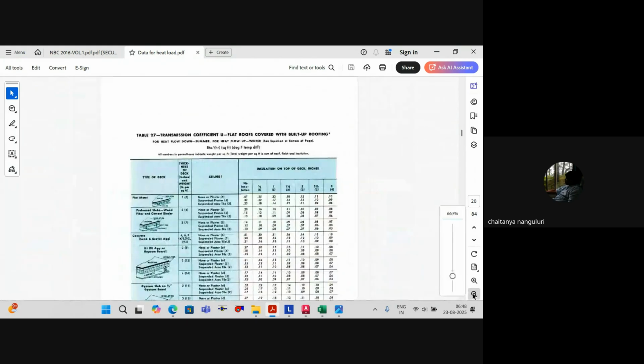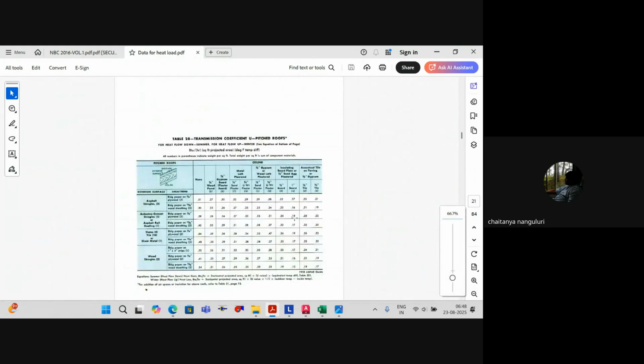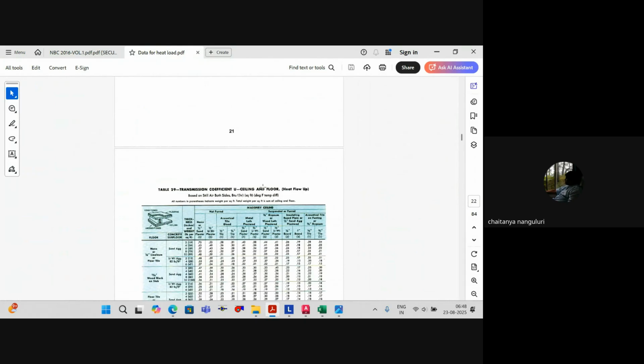Built-up roofing is basically for roof load. You pictured roof, ceiling and floor. Now tell me whether the heat is flowing in the up direction or down direction. Up direction, because from the floor it is coming towards your room. Obviously your heat flow will be from bottom to top.